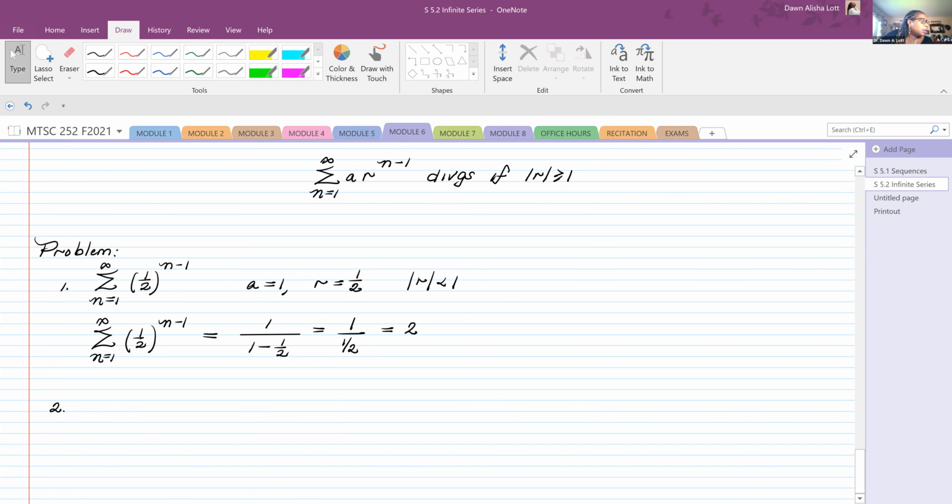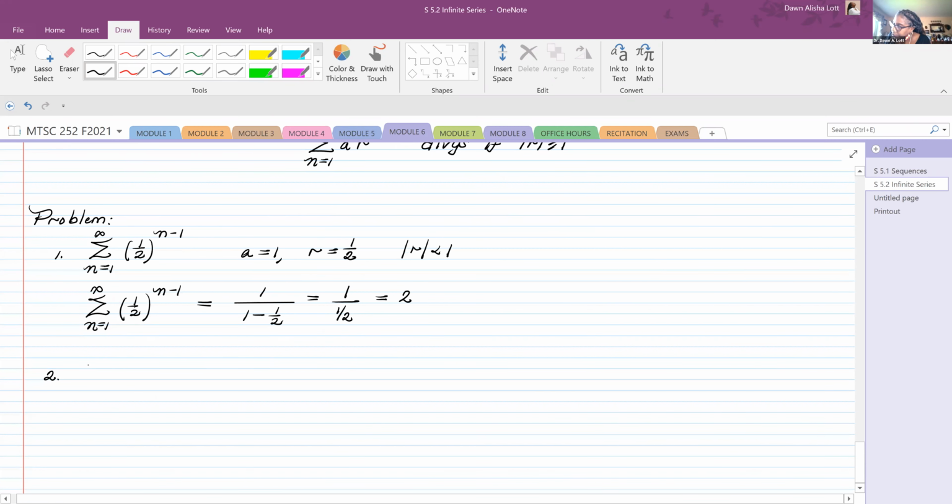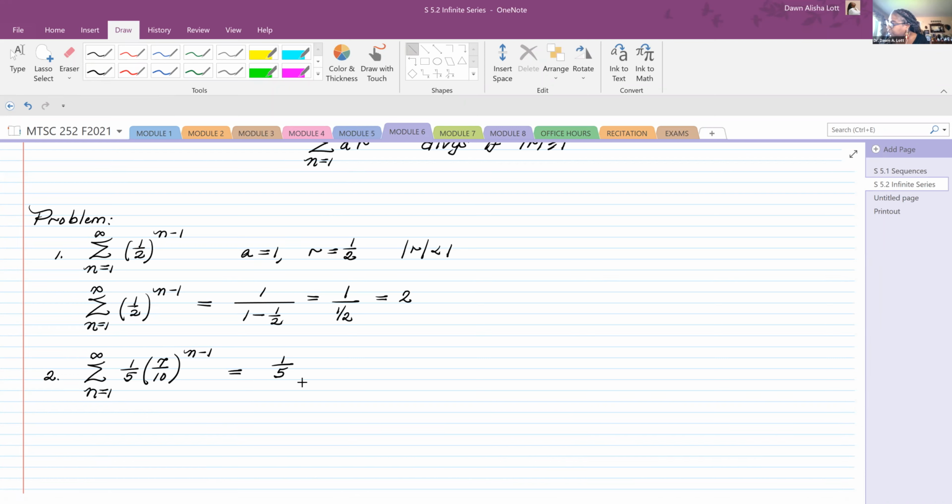Okay, let's look at the sum n equals 1 to infinity of 1/5 times 7/10 to the n minus 1. Well, a is 1/5 and r is 7/10.